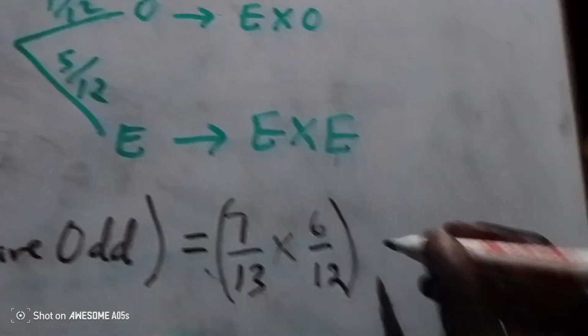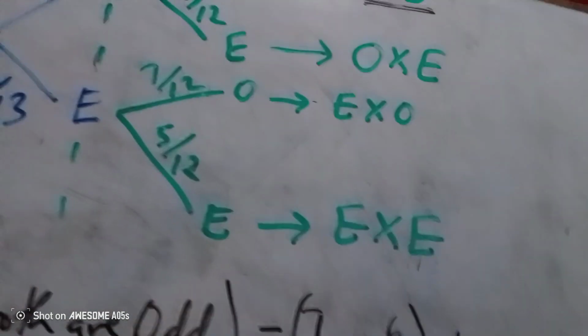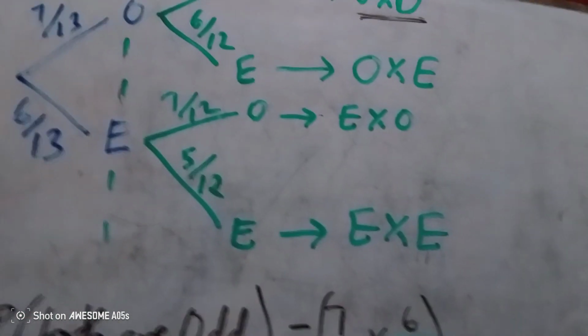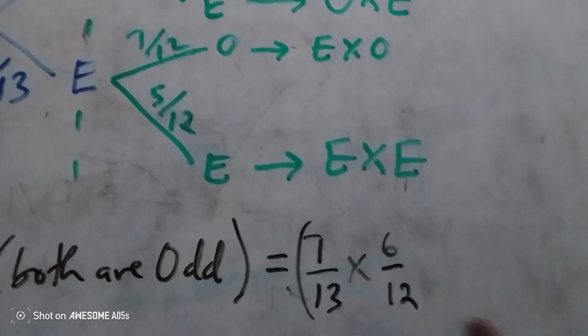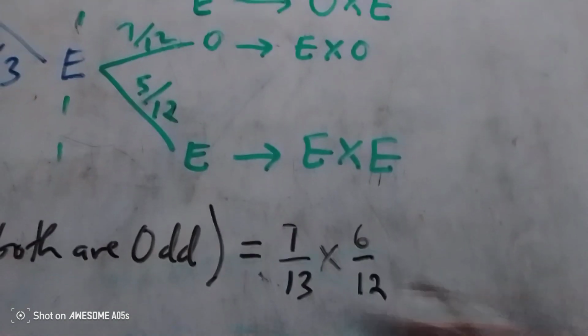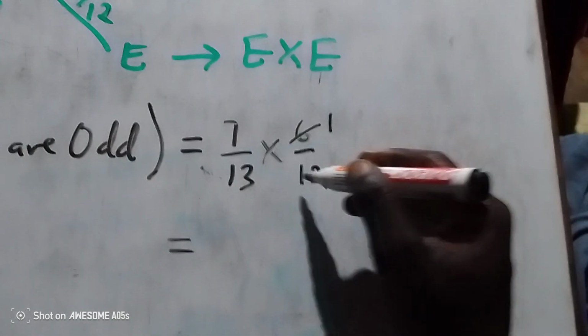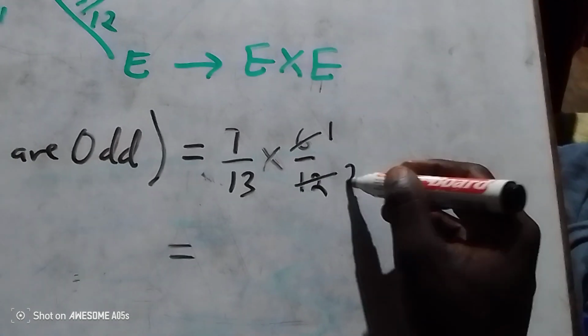Remember, we said when you go to another branch, we put plus, but in this case, there is no other branch. So we're just going to consider this. Let me remove the brackets. There is no need. From there, you can simplify this. 6 into 6, it's 1. 6 into 12, it is 2.